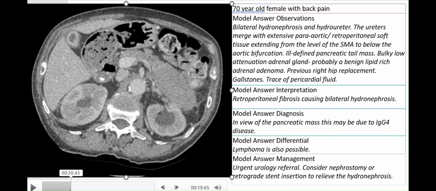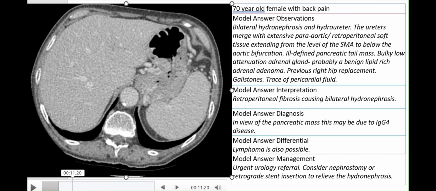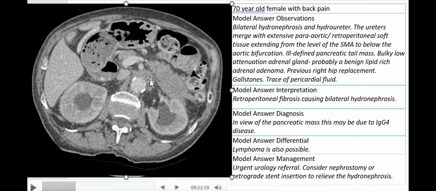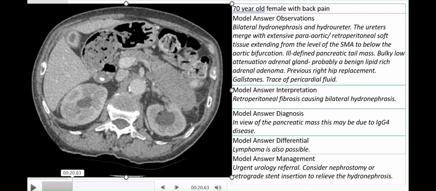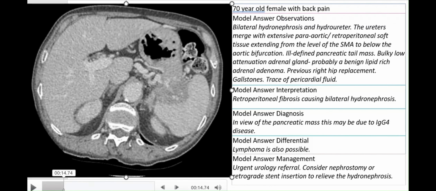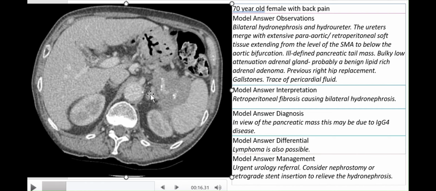So we also have a pancreatic tail mass here. Also we have here a bulky left adrenal gland. Can you see the bulky left adrenal gland? Bulky left adrenal gland, okay?